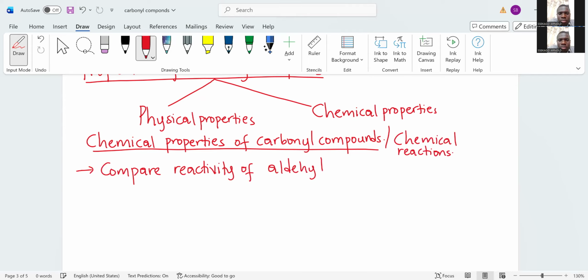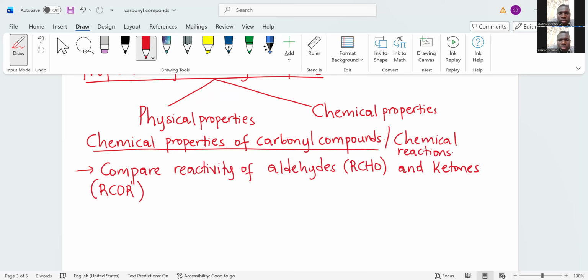Don't forget that aldehydes have a representation of R-CHO, and the ketones have a representation of R-CO-R'. R simply represents an alkyl group or hydrocarbon group, for example, an alkyl group or an aryl group such as a benzene ring. For aldehydes, R can also be a hydrogen atom, so that you come up with methanal.